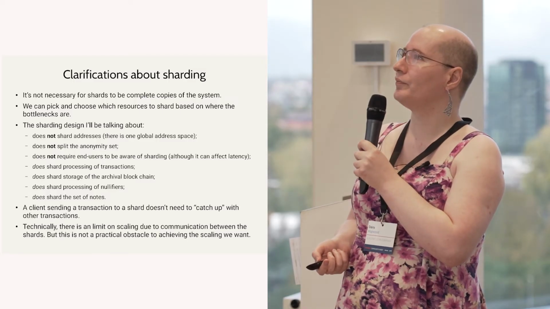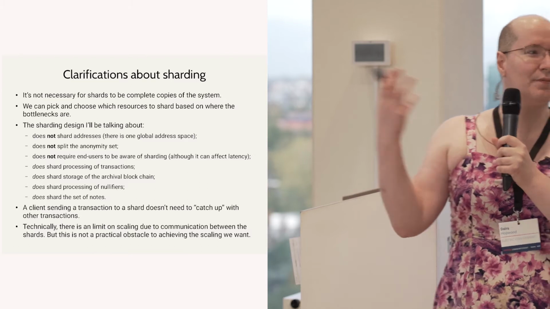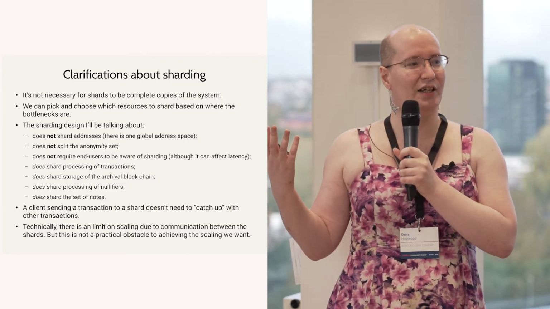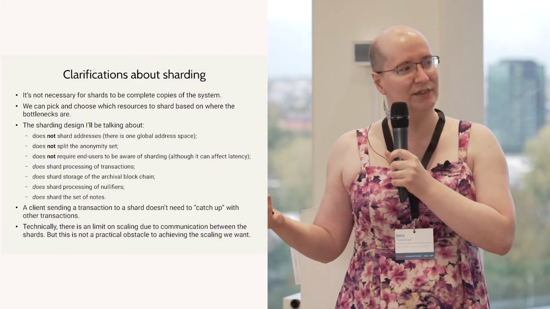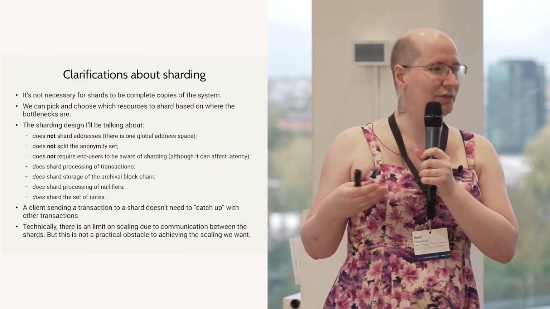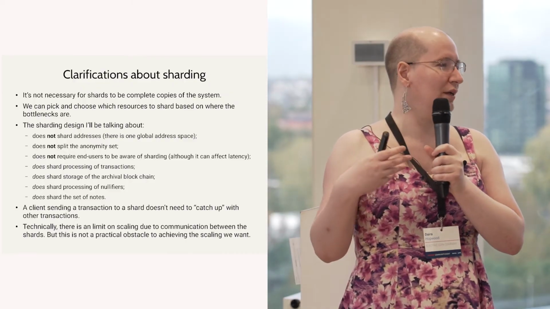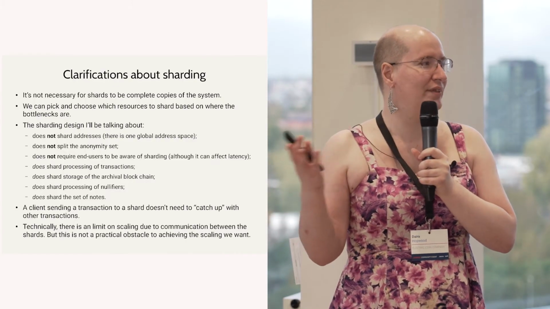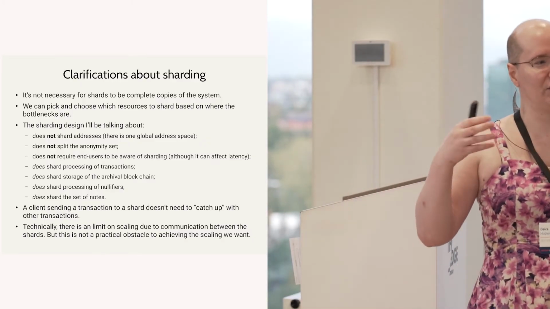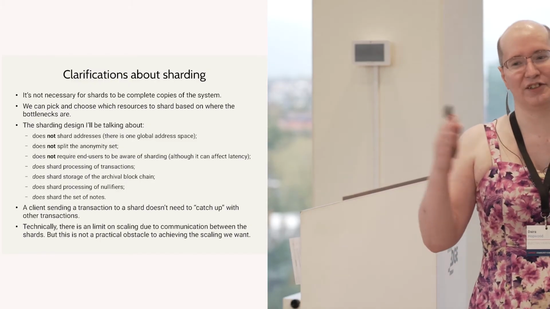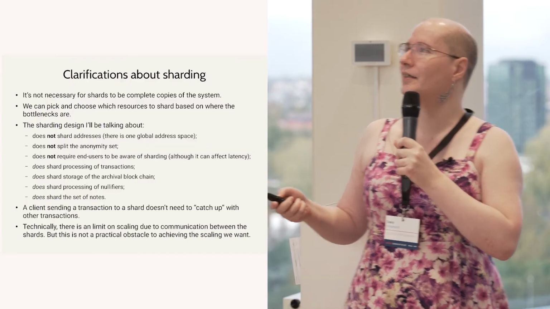Okay, so these shards don't have to be complete copies of the system. Every time I try to explain sharding, people have a lot of baggage and assumptions that they've taken from database uses of sharding, or Ethereum, or wherever they've encountered sharding before. Try to scrub that from your mind and just think of the basic idea of sharding.